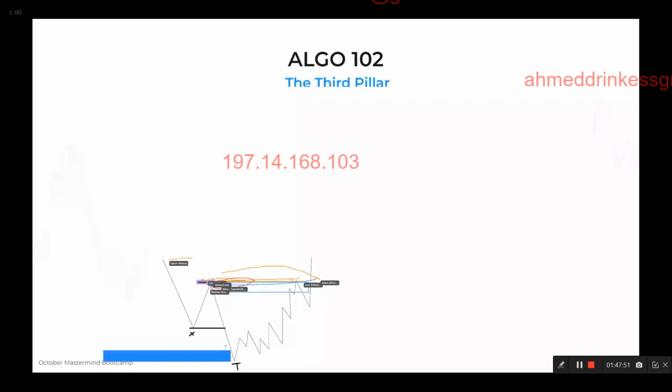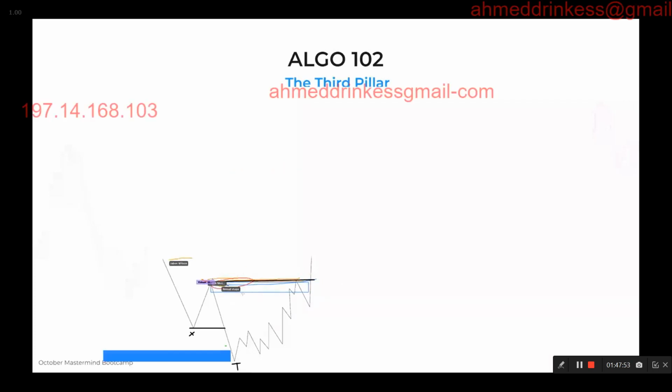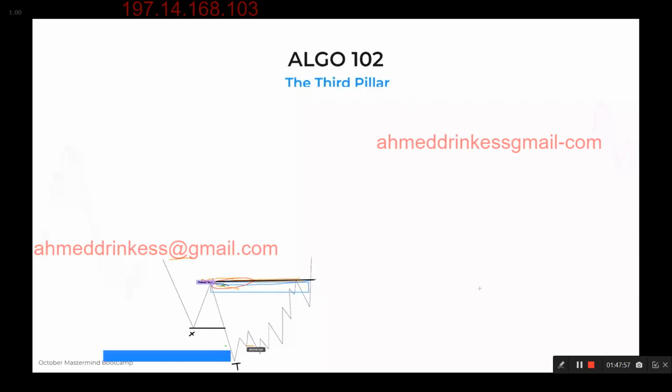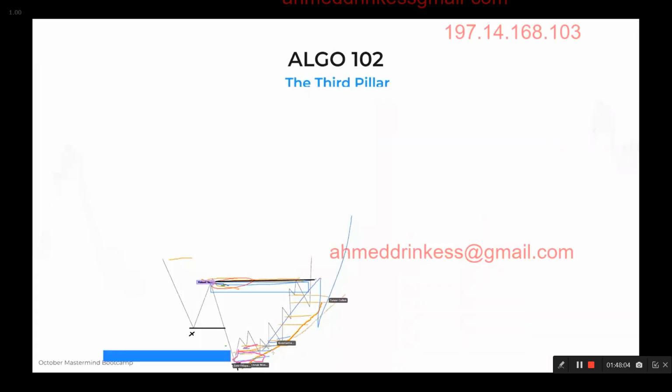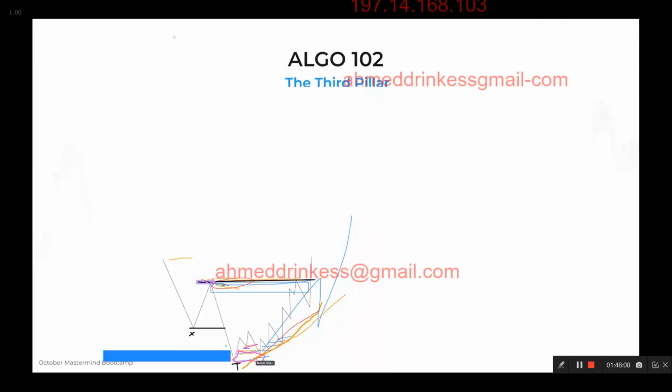And how is price going to get to this trap? Order flow, right? And there we go. That's all it's going to do is use order flow to get there.